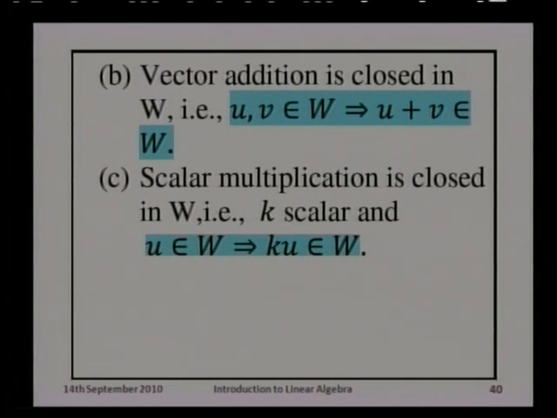So, for k a scalar and U in W, we must get kU inside W. If these 3 conditions are checked, then W will automatically become a subspace.